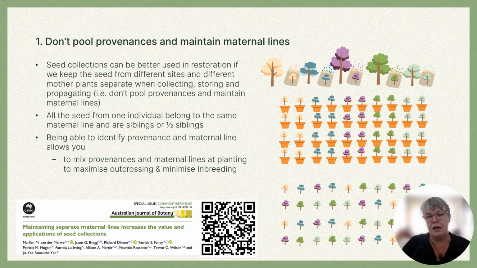For example, here we have 5 plants, seed collected from them, kept separate, maintained in the nursery, and then when these individuals that were propagated were planted out, they're planted out in a way that actually maximises outcrossing and minimises the chances of siblings or closely related individuals being close together.